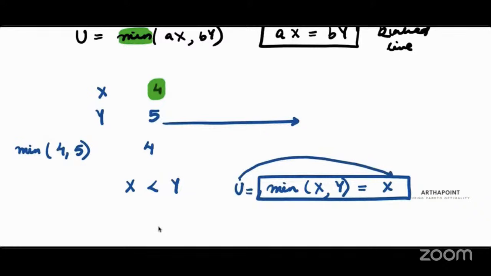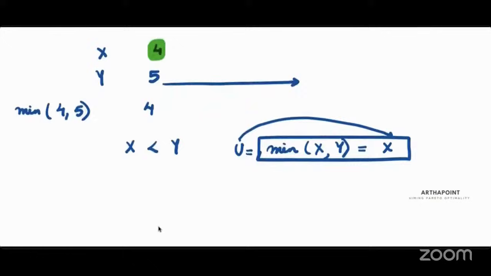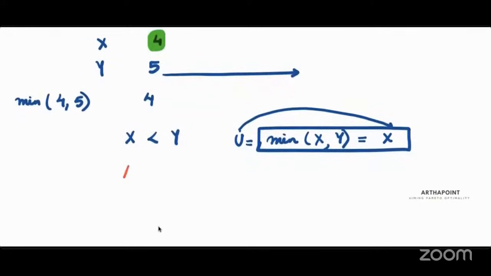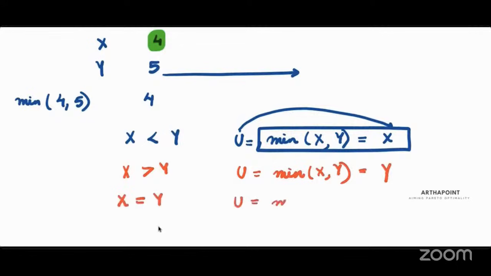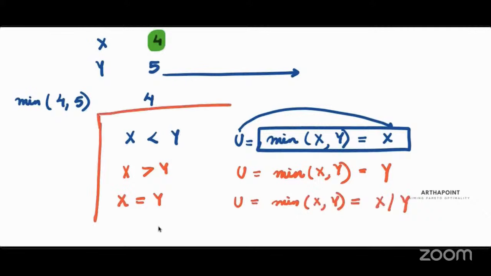Now, for example, if x is greater than y, my utility function is again min(x, y), but now between x and y, the minimum is y, so my utility will be equal to y. But if x and y are equal to each other, then the utility, which is the minimum of x, y, will simply be x or y. We have to remember this and see this pattern carefully.